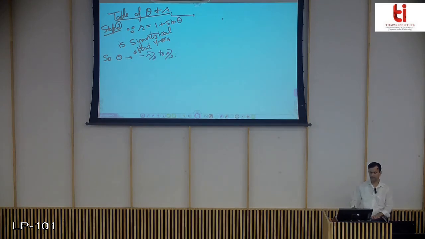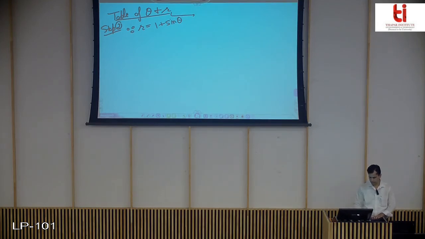Yes, here is the range we will take. Let me draw the graph on the same page, so let me make the thing a little bit compact.